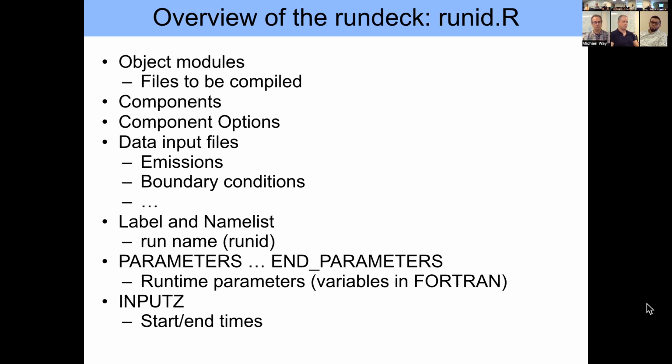But in case you do, remember that if you change the components or the component options, you will probably need to do a make clean before compiling again. You don't need to do that if you change the object modules, meaning the files that need to be compiled. Even if you edit any Fortran file, the model will figure it out, and compiling again will do what it needs to do. But if you change components or their options, you have to do a make clean beforehand.